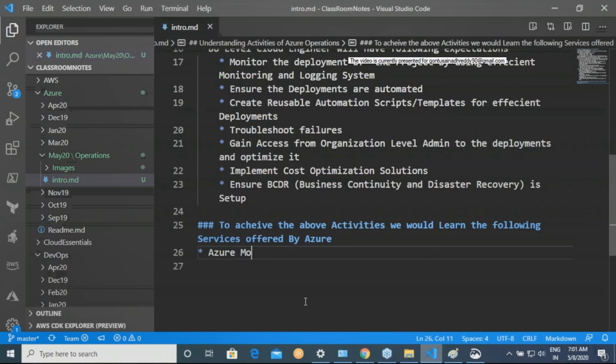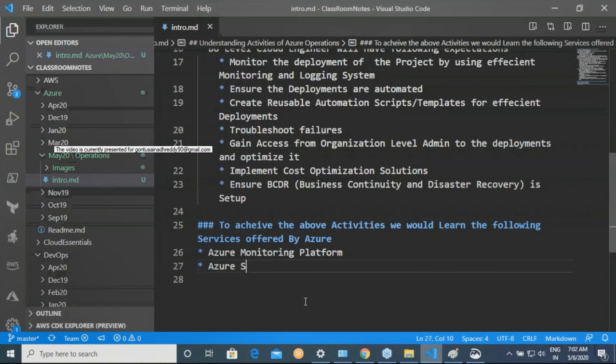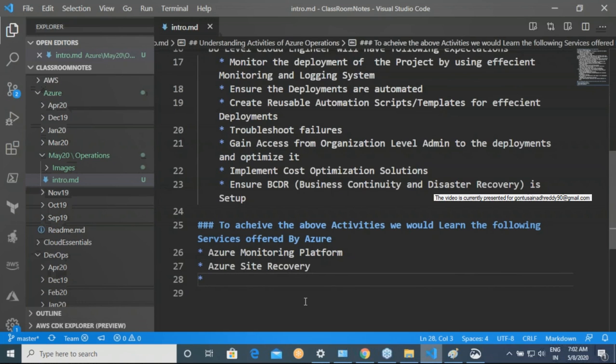One is Azure monitoring platform. The other one is Azure site recovery. Okay. So these are the two major things which you would look at.